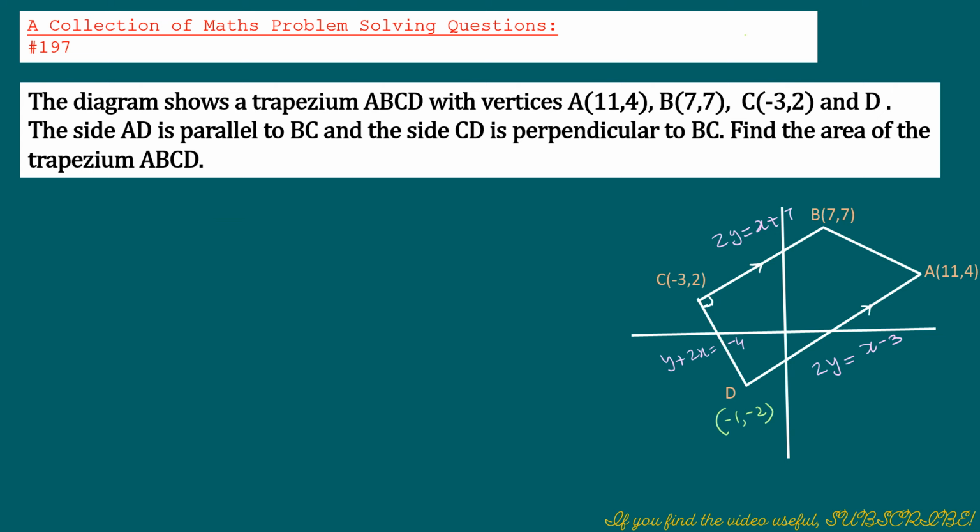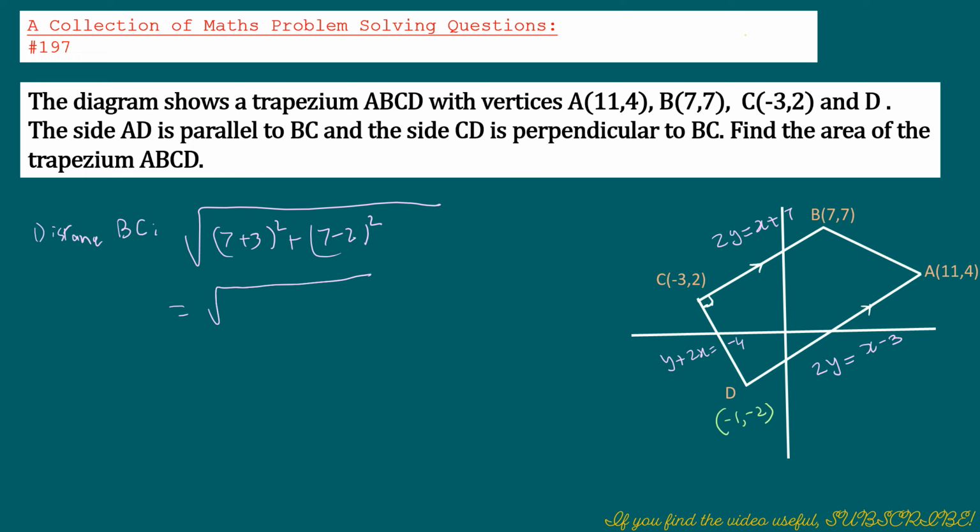First BC. The distance BC would be the square root of 7 plus 3 whole squared plus 7 minus 2 whole squared. That gives you the square root of 100 plus 25, that is the square root of 125, that is the square root of 25 times 5, and that is 5 root 5. So BC equals 5 root 5.